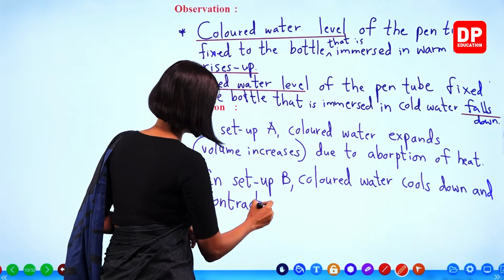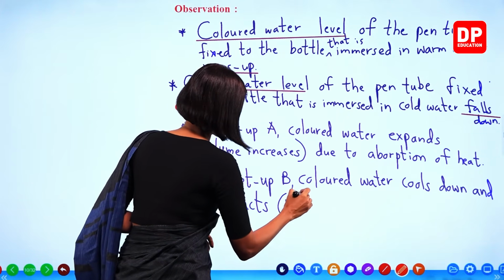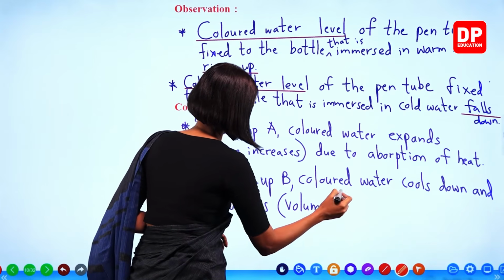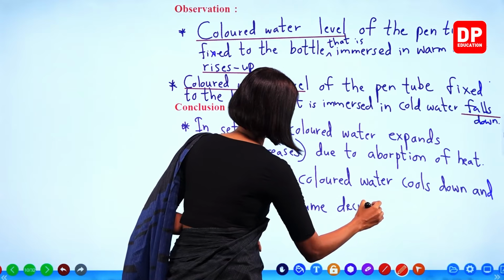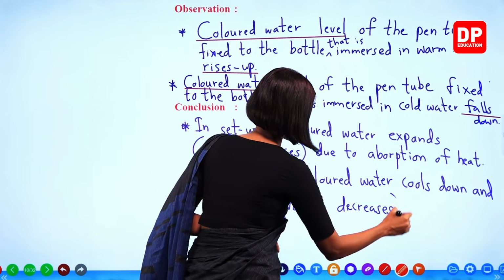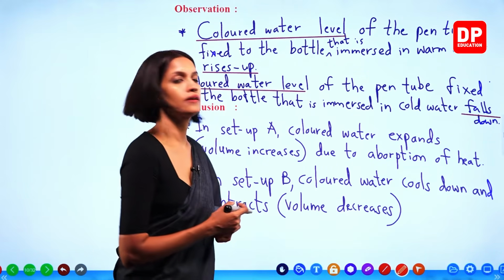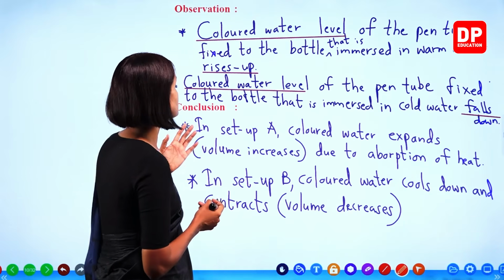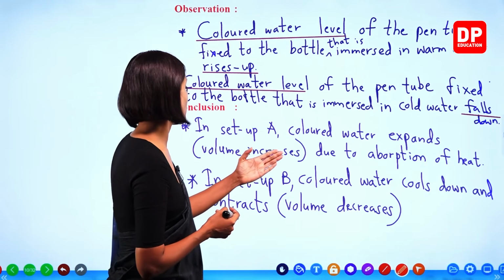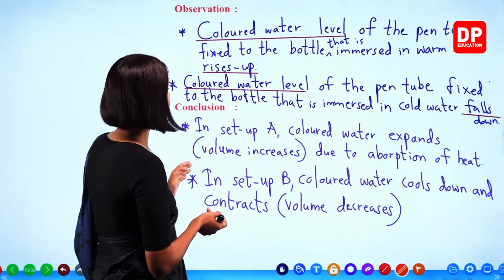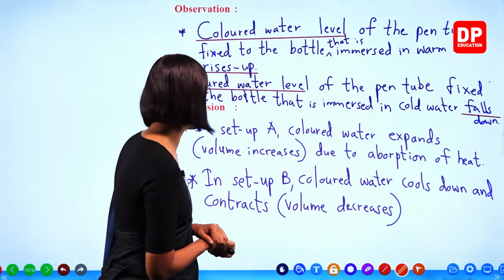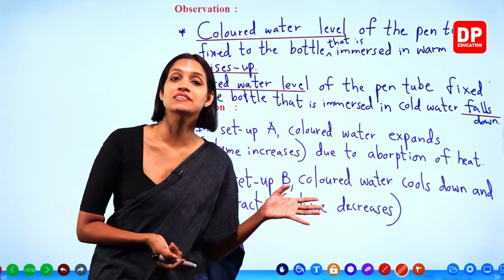Contracts means volume decreases. Right, children? In setup A, colored water expands, so volume increases due to absorption of heat. In setup B, colored water cools down and contracts, or volume decreases.